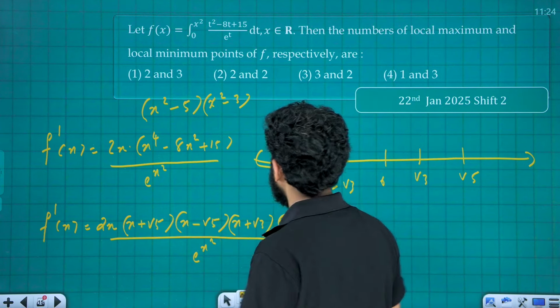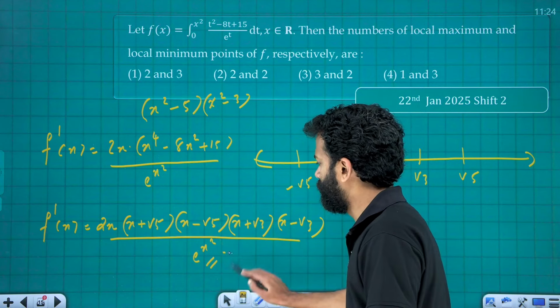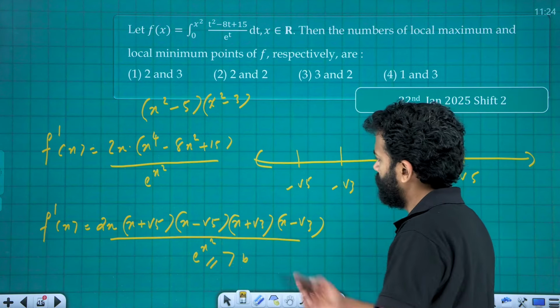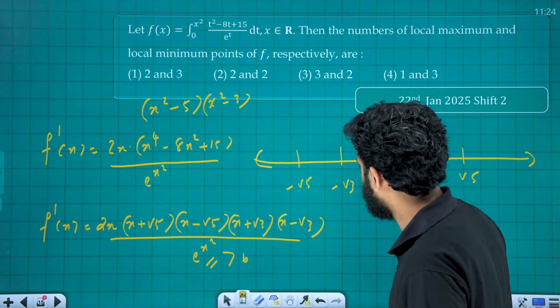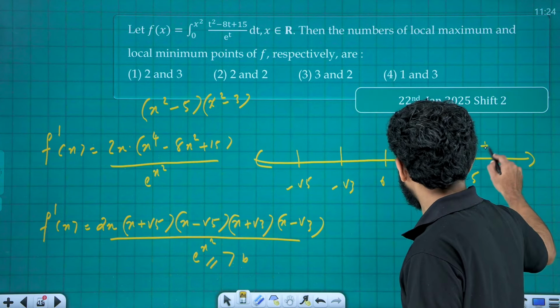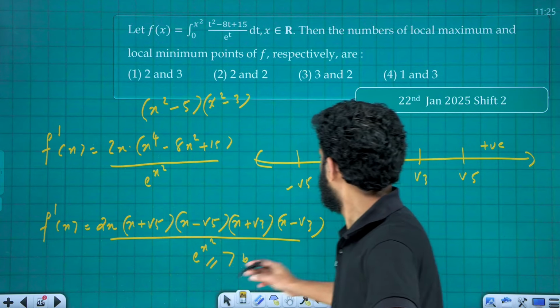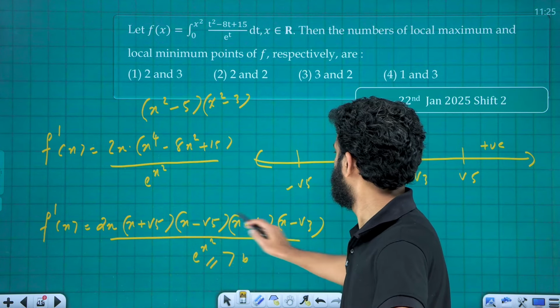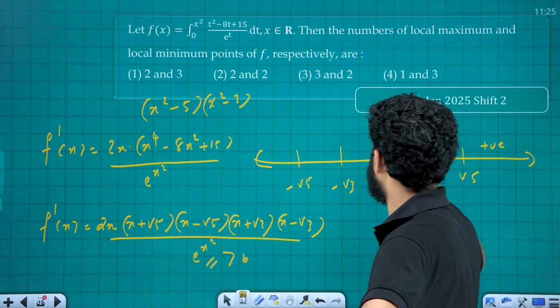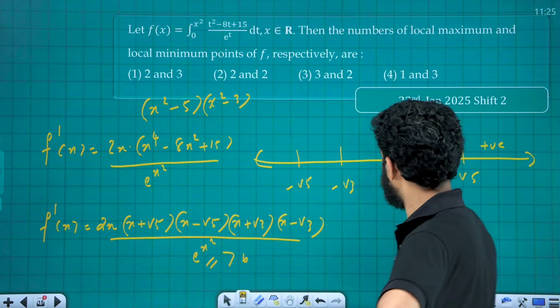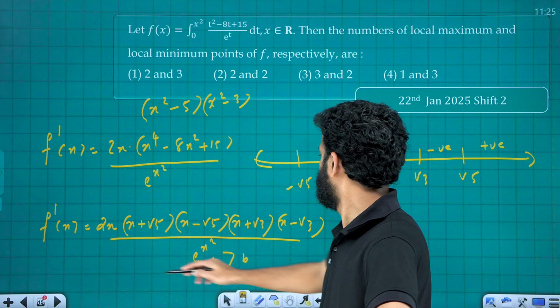Numerator part only, since the denominator will always be greater than 0. Just mind the numerator only, that is the deciding factor here. If x is greater than root 5, obviously it will be positive. Between root 3 and root 5, it will be positive, negative, so negative. Between 0 and root 3, positive.